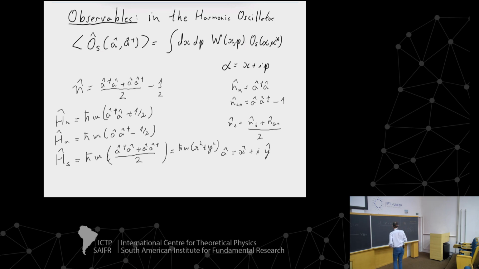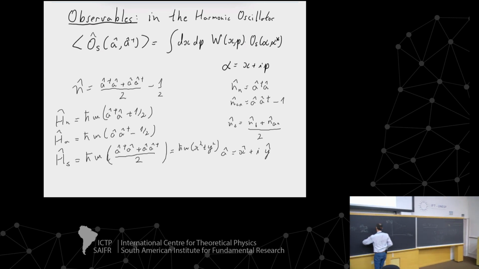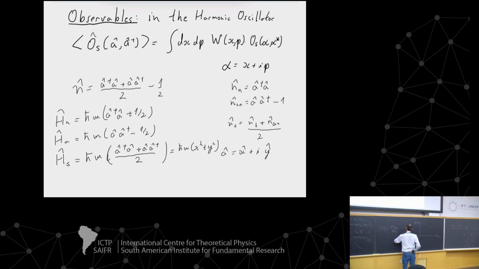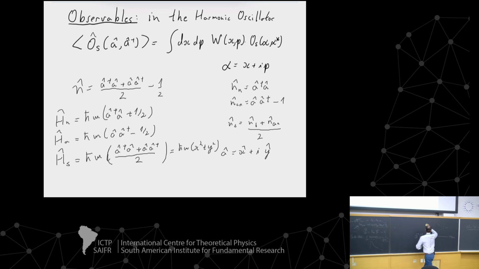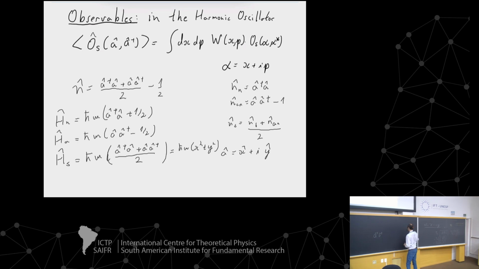Say, when you have something like a to the fourth, a dagger to the fourth. Symmetrization would mean to transform it into an expression involving a to the fourth, a dagger to the fourth, a dagger to the fourth, a to the fourth.